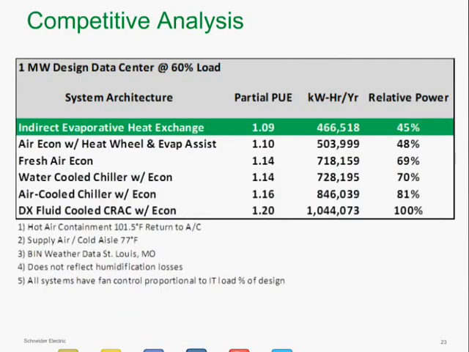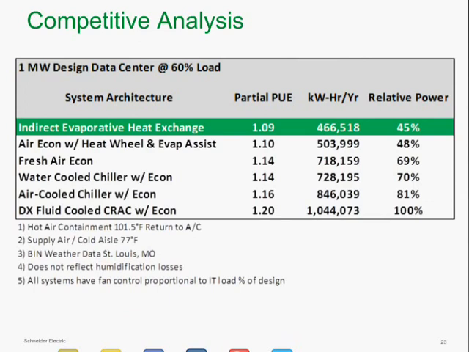If I look at the overall performance of some of these various economizers I just mentioned, we look at the partial PUE, which is really the power consumed specific for the cooling units as a percentage of the total power consumed by the data center. You can see that for the indirect evaporative heat exchange, you get a very low partial PUE of 1.09.